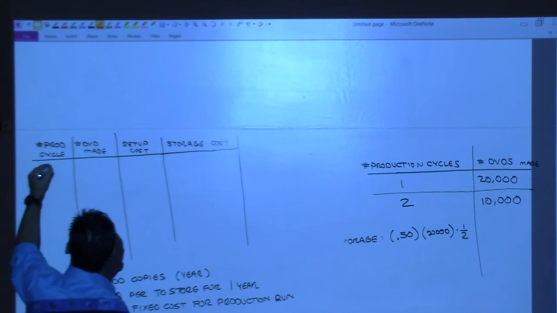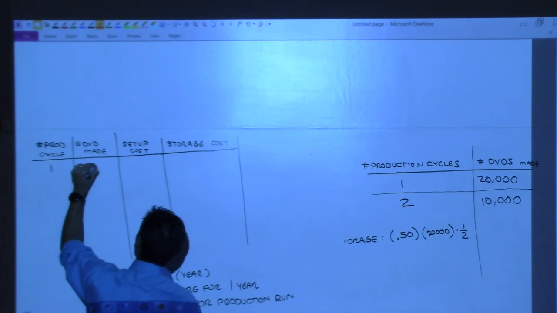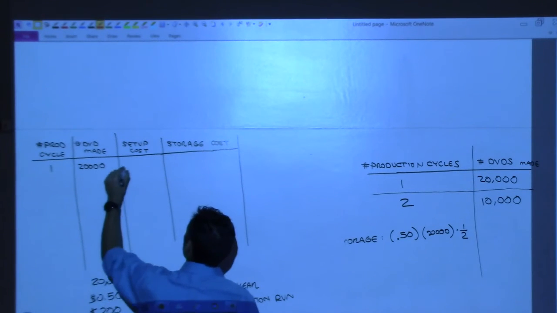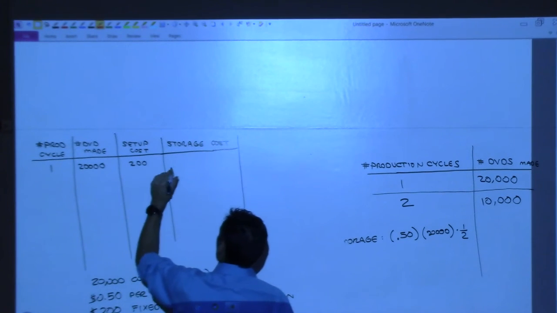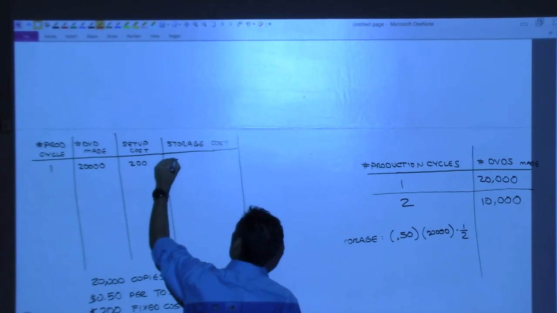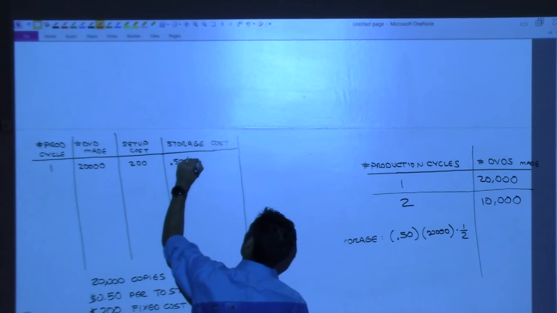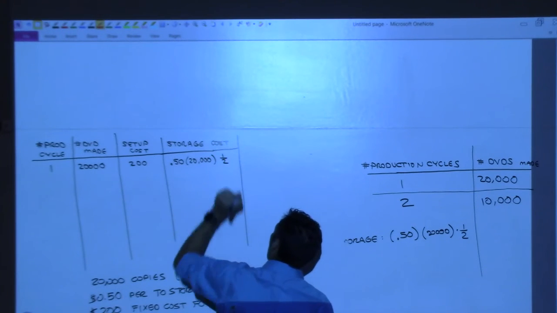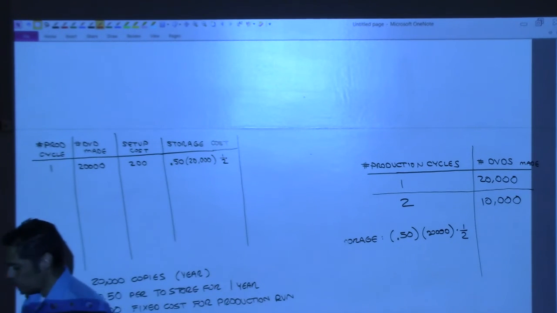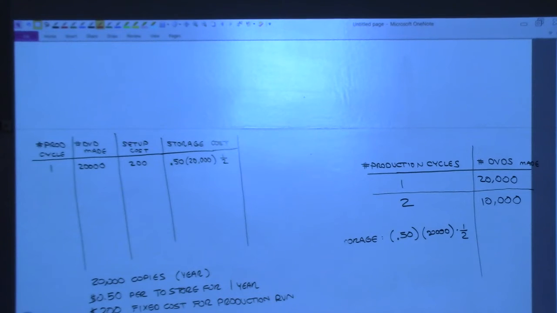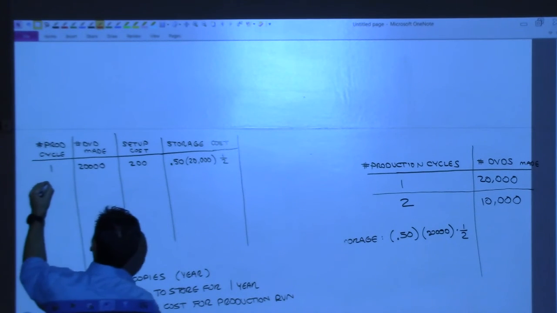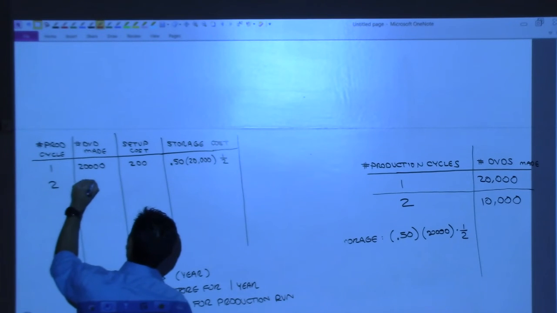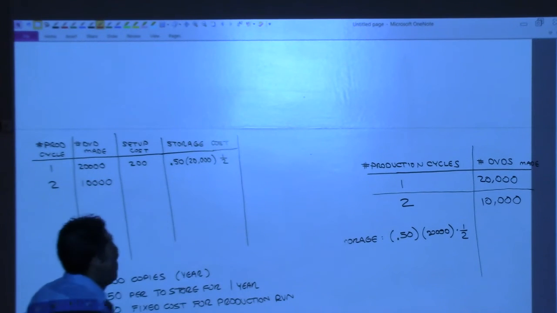We said with one production cycle, we've got to make 20,000 DVDs. The setup costs are $200. We said the storage cost was 0.5 times 20,000 times the average, which was half. For the second one, 2 production cycles, we're going to make 10,000 per cycle.